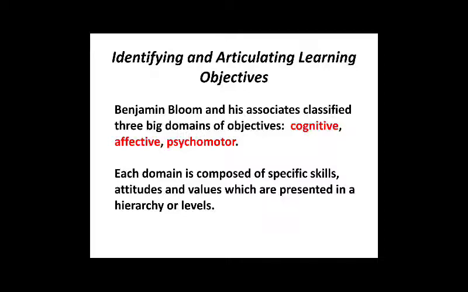So in terms of educational objectives, Benjamin Bloom and his associates classified this into three big domains. Taxonomy is just a fancy word for classification. Domain is just another word for area. So pag sinabing learning domains, we are simply referring to learning areas.